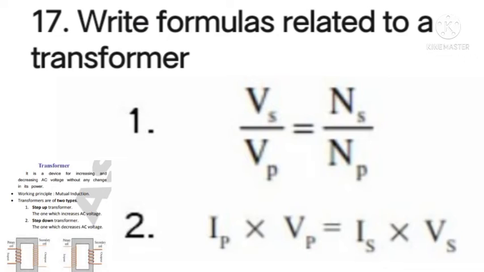Ip is calculated using the equation Ip is equal to Ns into Is divided by Np. Using these equations, we can calculate the voltage and current in the primary coil. You can calculate it on your own.